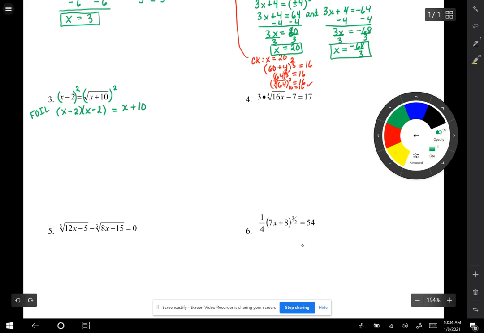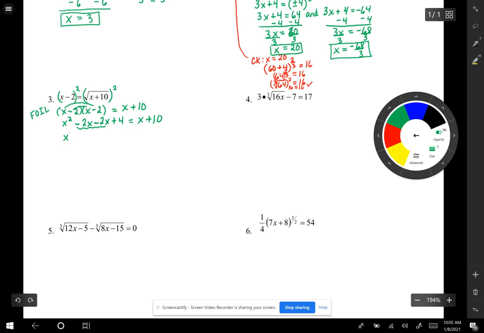First times first, x times x is x squared. Here's my outers. There's my inners. And my last numbers are negative 2 times negative 2. There, easy enough. Okay, now we want to get one side of our equation equal to 0. And obviously that's going to be the right side. So let's combine like terms here.